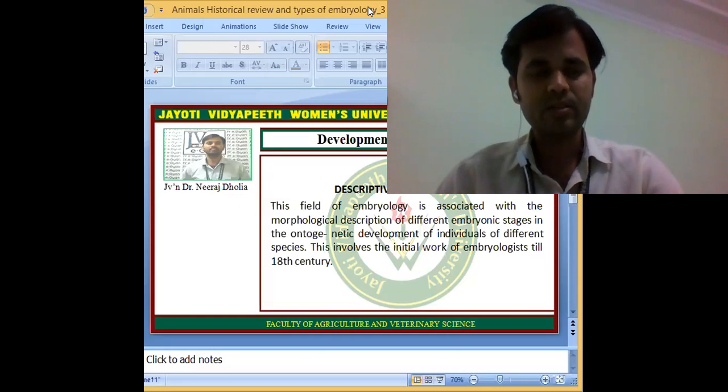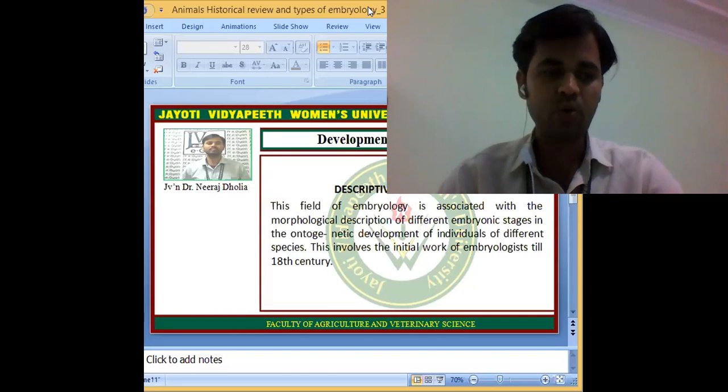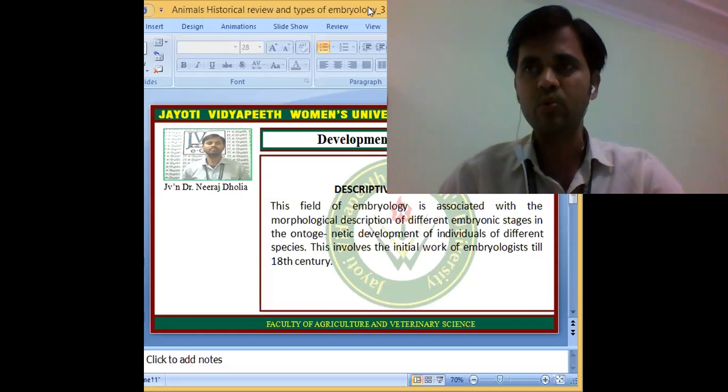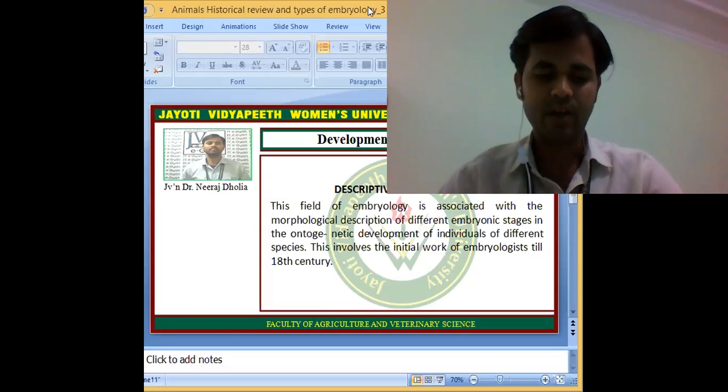It describes how the morphology of different embryos varies, how a specific type of organ will evolve, how it appears in the initial stages, what changes will occur in specific regions, and how it finally develops into a complete animal.